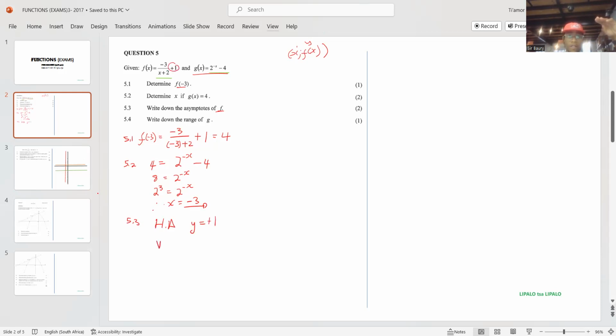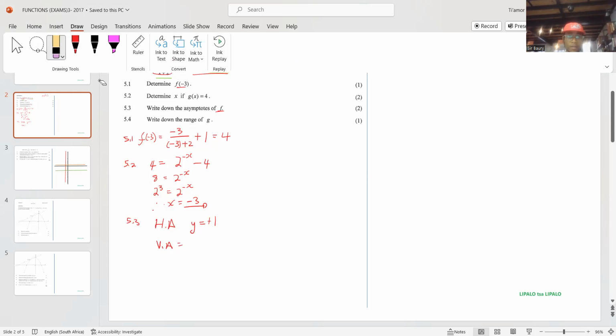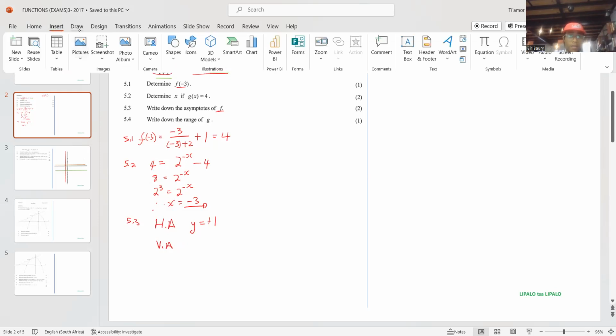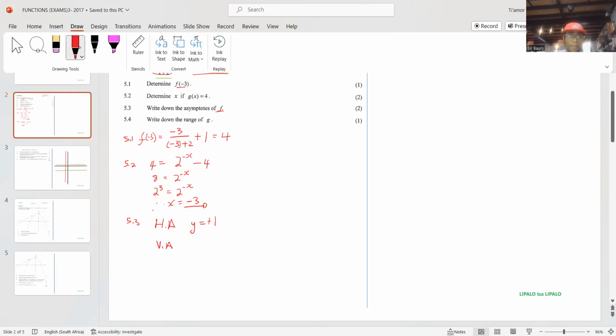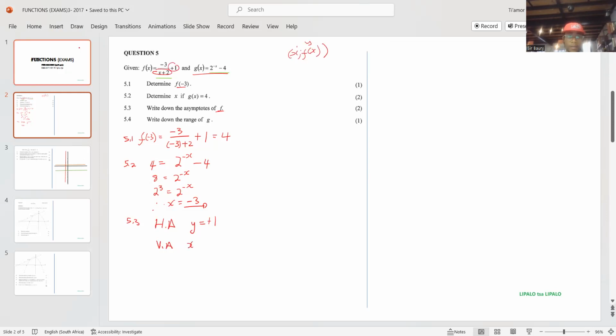Then we have the vertical asymptote. We take the denominator and equate it to 0: x plus 2 equals 0. Therefore, the vertical asymptote is x equal to -2.